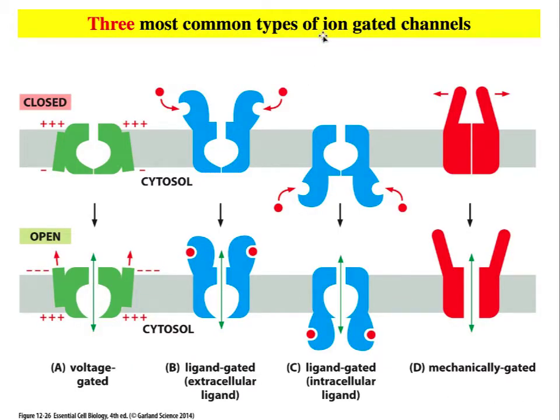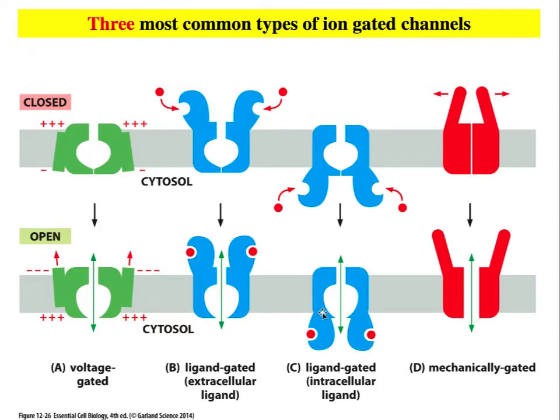When it comes to classifying ion-gated channels, we can look at the way that they are opened in response to stimuli. So some of them are voltage-gated. So the ion channel itself is able to detect the voltage across the membrane and then respond to that by opening or closing. Another type is the ligand-gated ion channels, and they respond by opening when they bind a ligand.